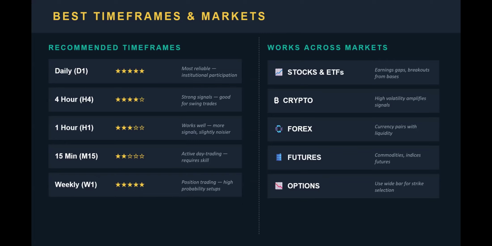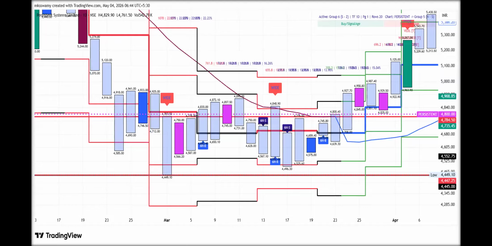It works across markets: stocks, ETFs, crypto, forex, futures, and options. So you can utilize it across all the assets. That is the beauty. So this indicator is useful for you. Make use of it, and it will solve so many problems of the tight range.